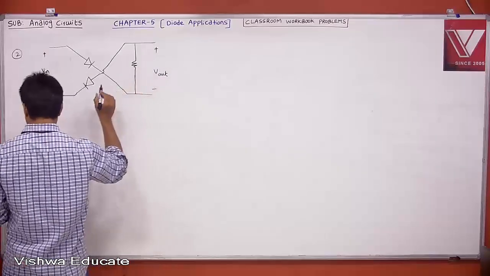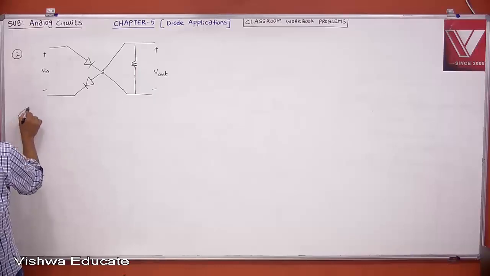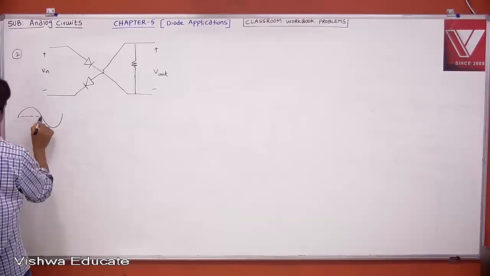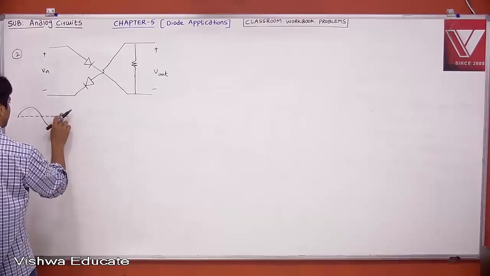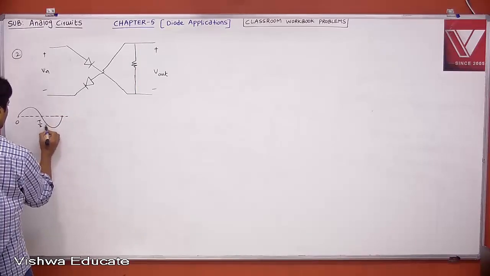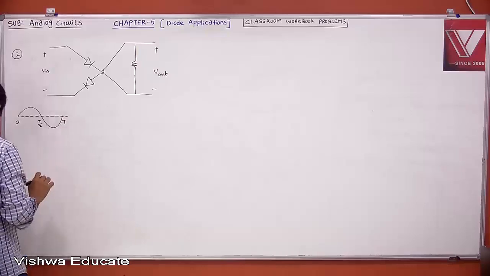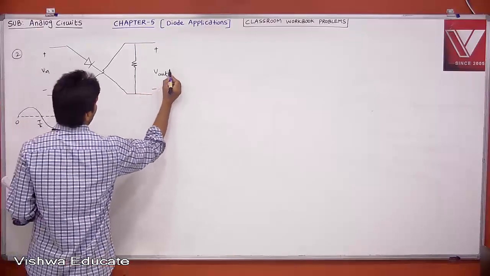Okay, this is what is given. And what is V in? V in is a sine wave, with 0, T by 2, and T marked on the axis. Now we are asked what is V out.